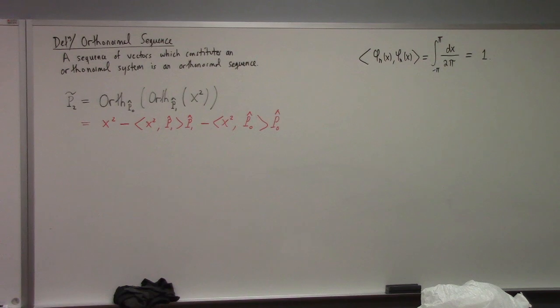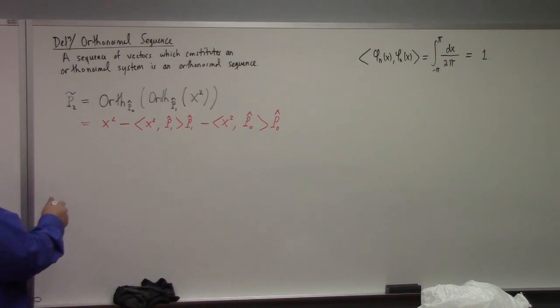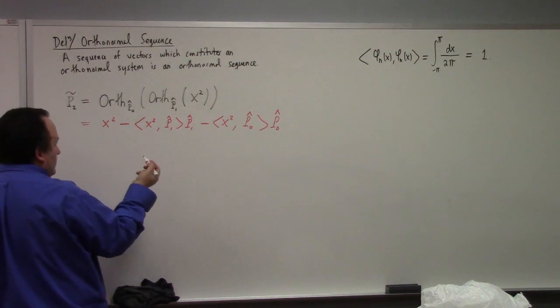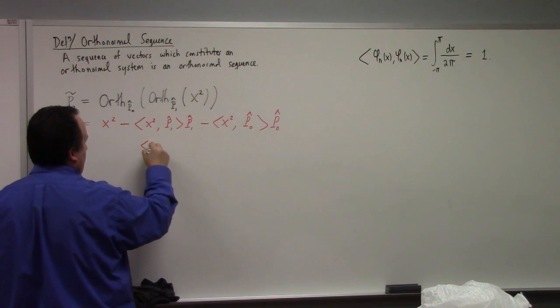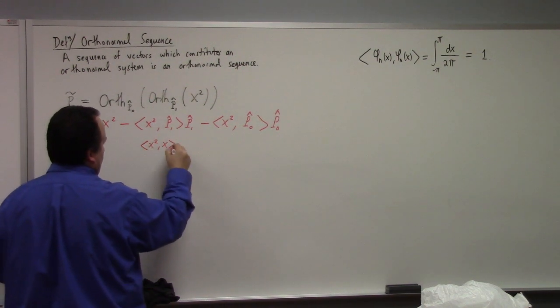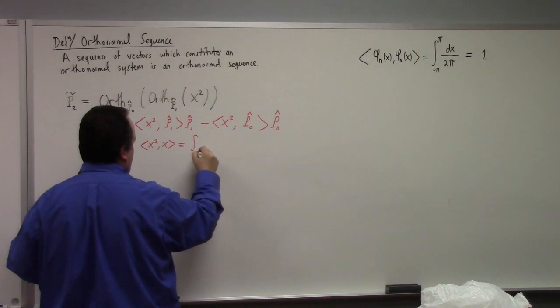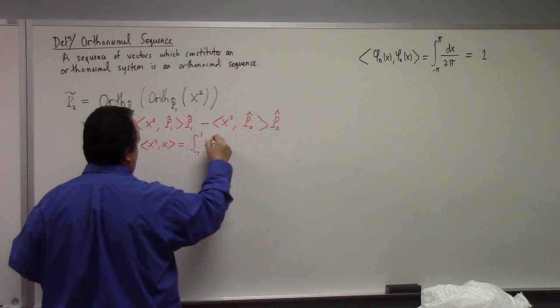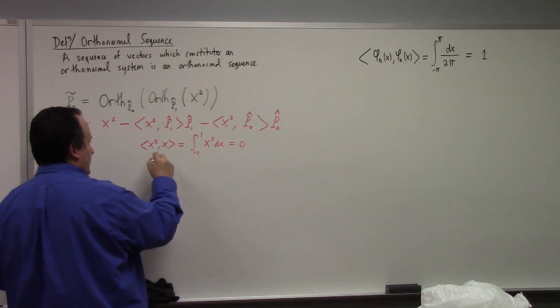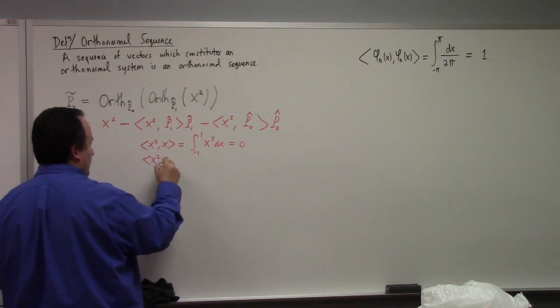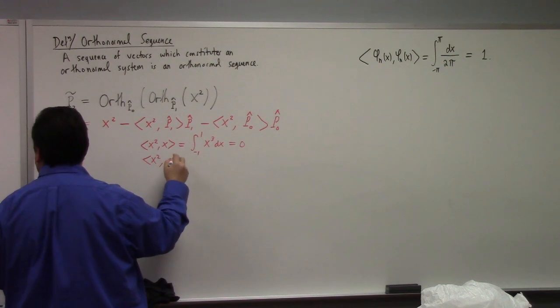By construction, this will make P2 tilde orthogonal to P0 and P1. This is the Gram-Schmidt process. Whatever that works out to, apparently this is what? x squared with x, which is the integral from -1 to 1 of x cubed, which is 0. And the other one maybe is interesting, x squared with P0. P0 was 1 over root 2, right?